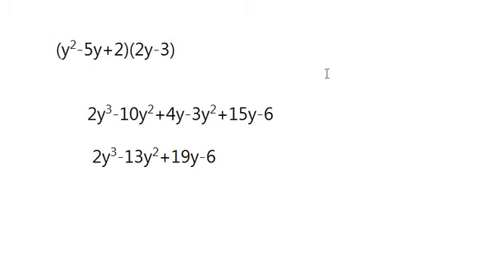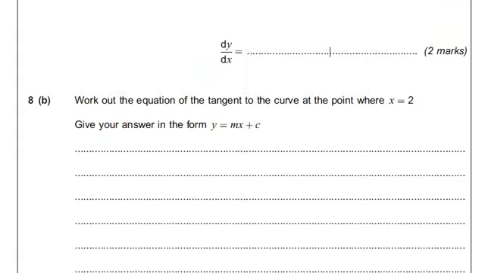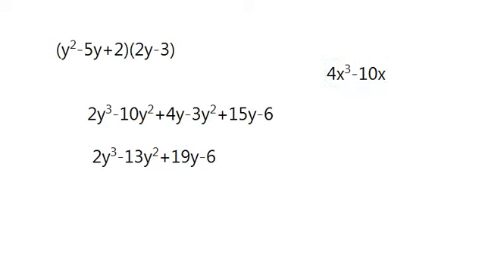So we'll type it out: 4x cubed minus 10x. So that answer would be 4x cubed minus 10x.